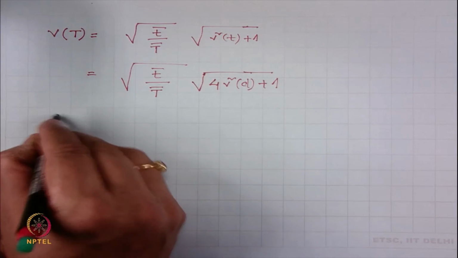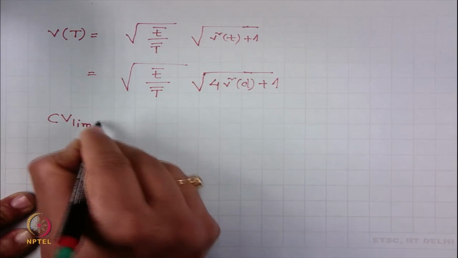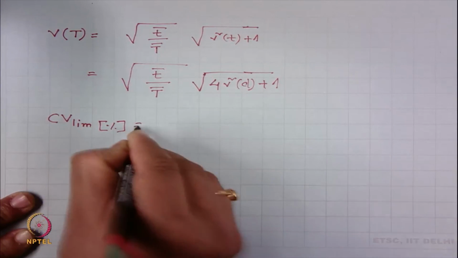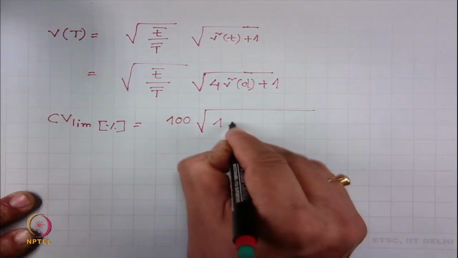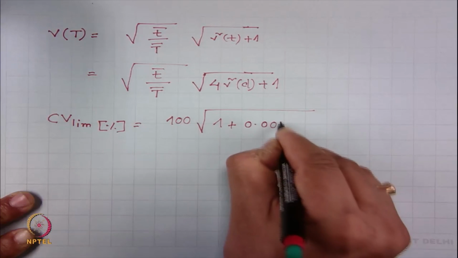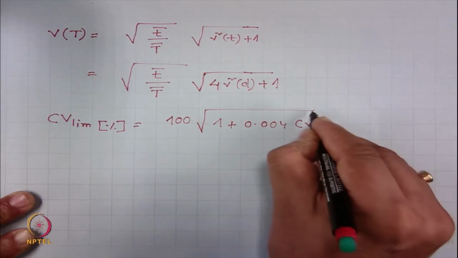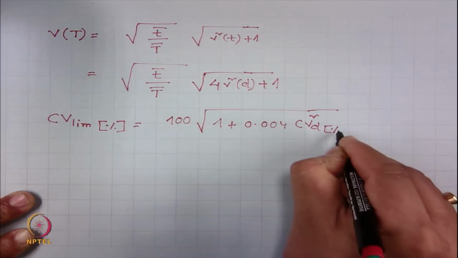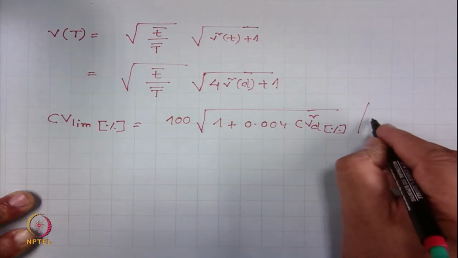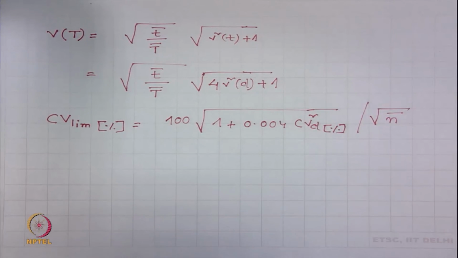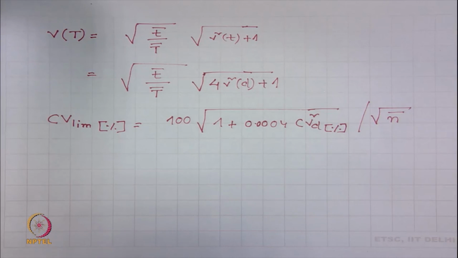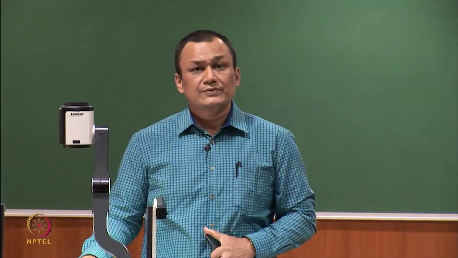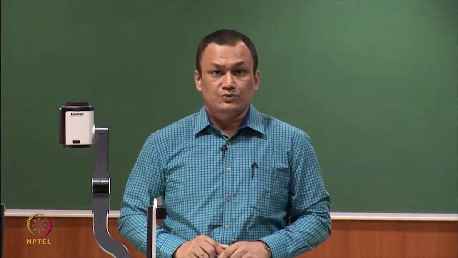In terms of percentage, CV limit equal to 100 into root over 1 plus 0.0004 CV square d, in terms of percentage, divided by root over n bar. This expression also you will see in many standard textbooks.